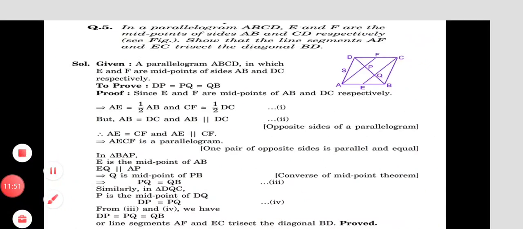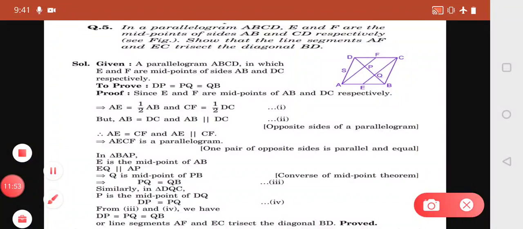First we have taken what? Triangle BAP. This triangle. Yes, in the triangle what is given? It is given that E is the midpoint of AB, and we know that as AECF is a parallelogram, we will get EQ parallel to BP.